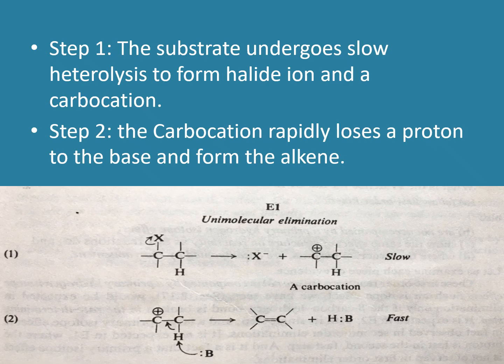this particular E1 elimination reaction. And in the second step the carbocation rapidly loses a proton to the base and forms the alkene. So in the second step only the base will come into the picture. In that case the base will attack the proton and this proton will be lost and we will get the alkene as the product, that is the elimination product. And this is the E1 mechanism.